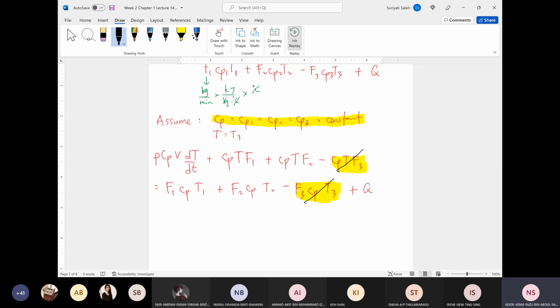And then the rest of it, we can further rearrange it.